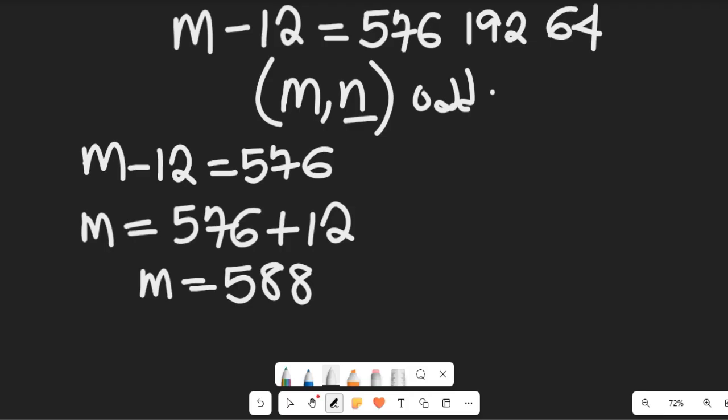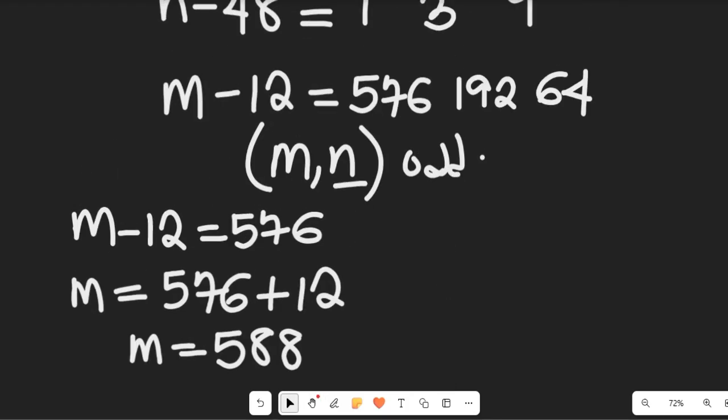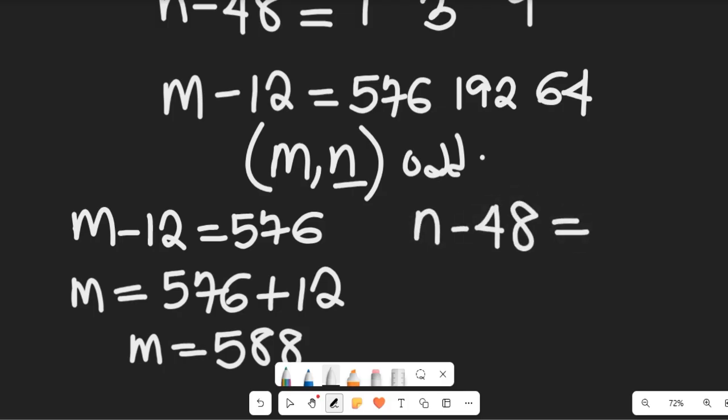Same goes here with our n. With our n equal to 1, we can have our n minus 48 to be equal to 1.